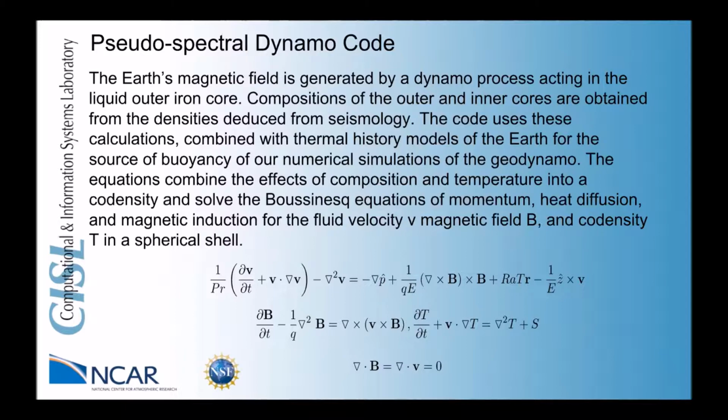The equations combine the effect of composition and temperature into a codensity and solve the Boussinesq equations of momentum, heat diffusion and magnetic induction for the fluid velocity, magnetic field, and the codensity in a spherical shell.